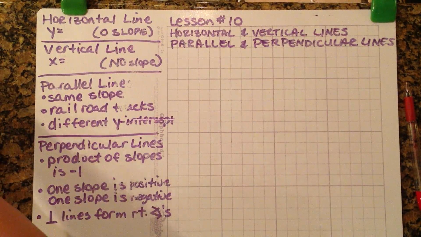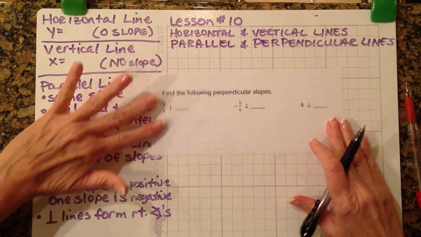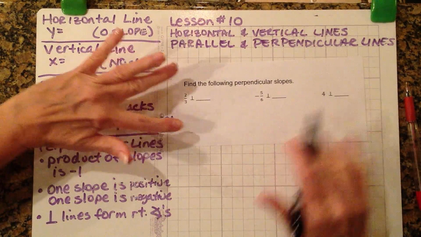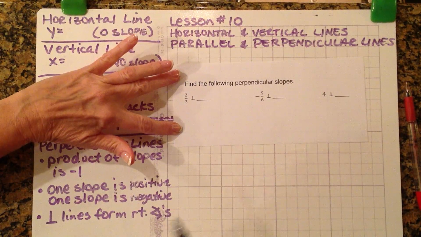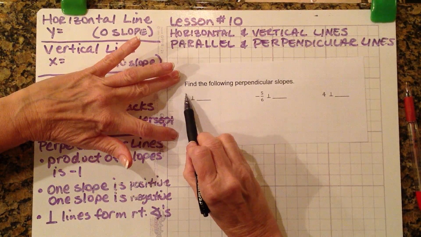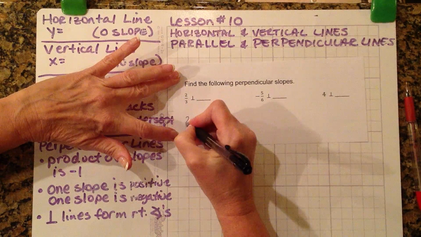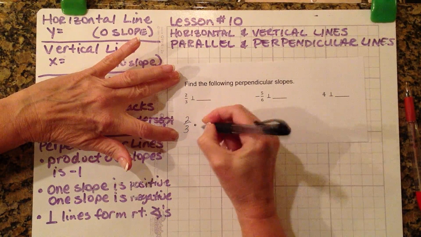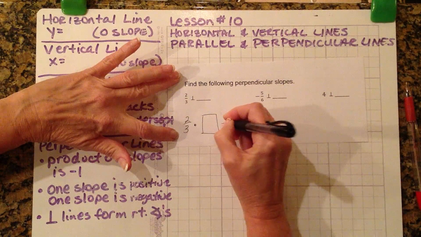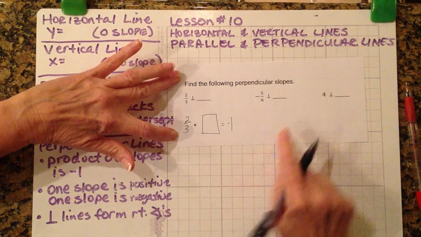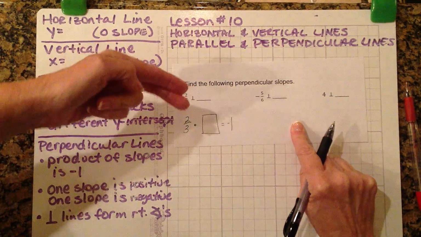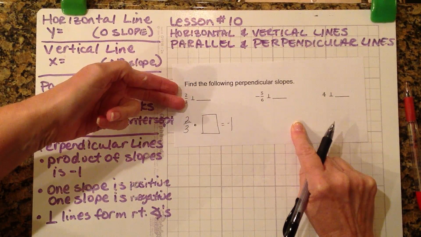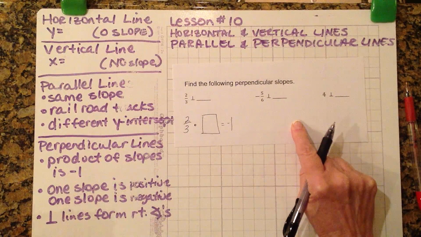Let's look at one more little exercise. Right here, I've got some slopes listed, so let's find their perpendicular slope. If I have 2/3, what can I multiply 2/3 by to get negative 1? Okay, let me show you this little trick. I flip this over and I negate it, meaning I make it the opposite value.